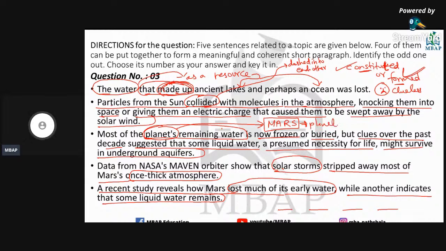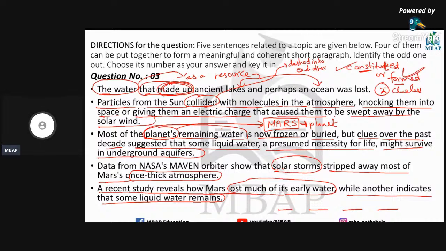Can I get a quick reply on that? Yes or no, guys? Is this correct? The planet being talked about in this case is Mars. Right, students? Do you agree with me? Okay. Perfect.